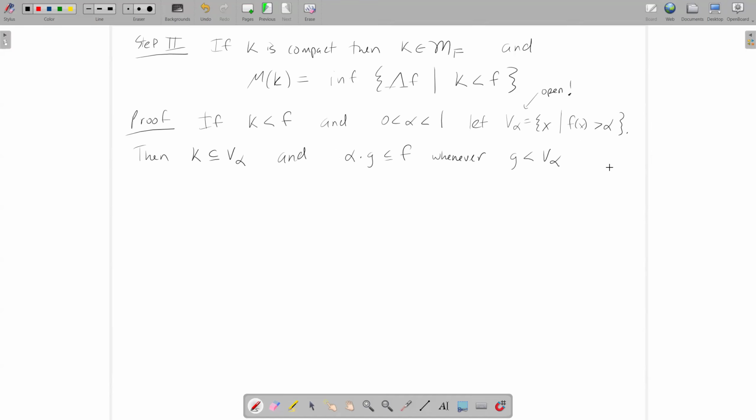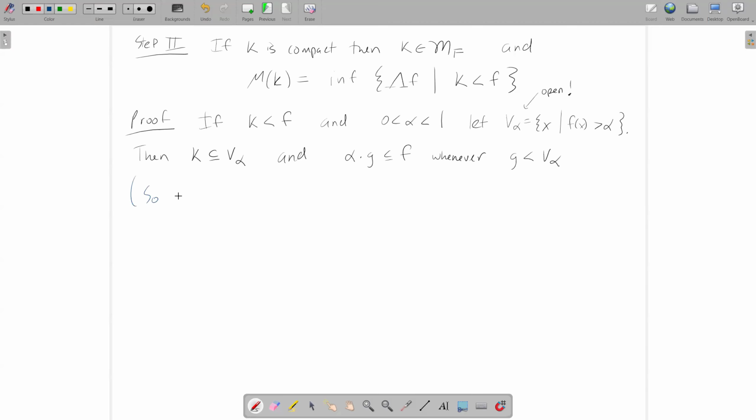Sorry, and so that holds if g of x is not equal to 0. If g of x is equal to 0, this inequality is trivial. Okay, so maybe I should spell that out here. This is sort of commentary, but I feel like that's what you're here for.